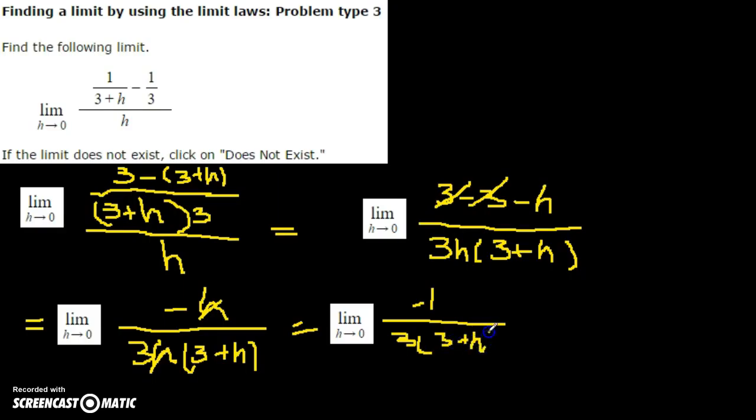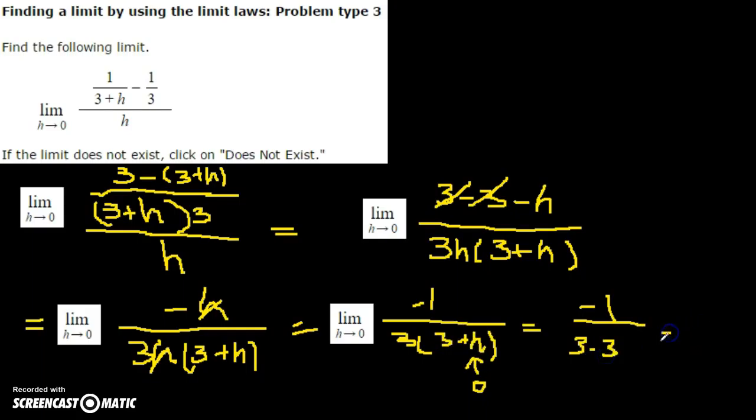Now, if I substitute the h approaching 0 in here, if I put the 0 in there, am I going to get something that is undefined? No, right? So right now I can evaluate what my limit is. This will be negative 1 over 3 times 3 plus 0, that gives us 3.